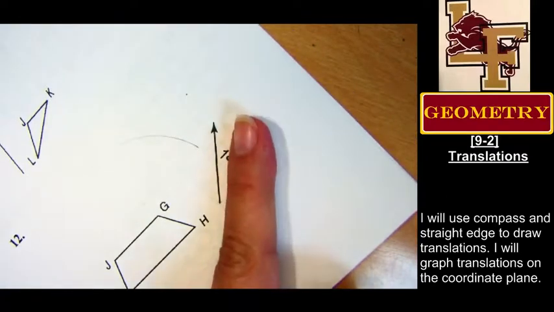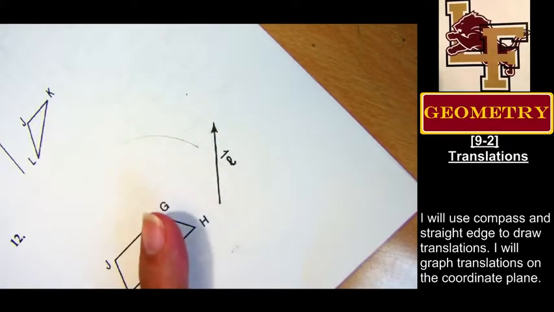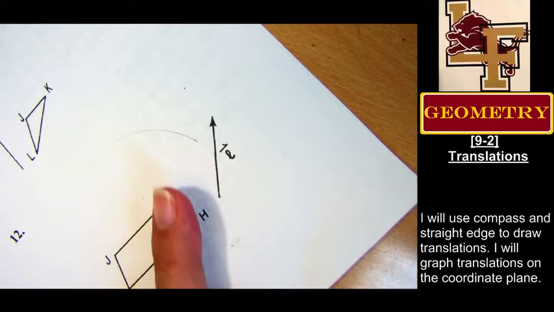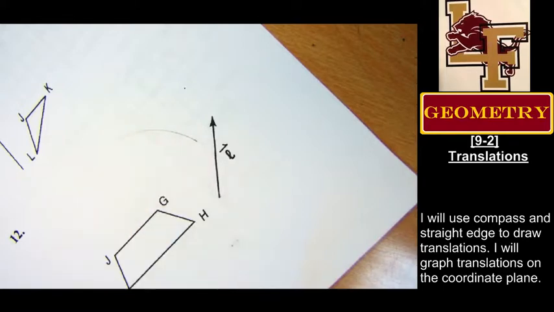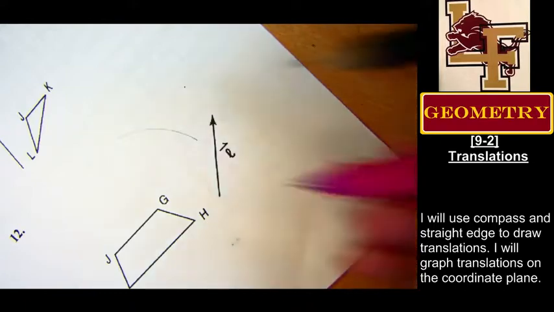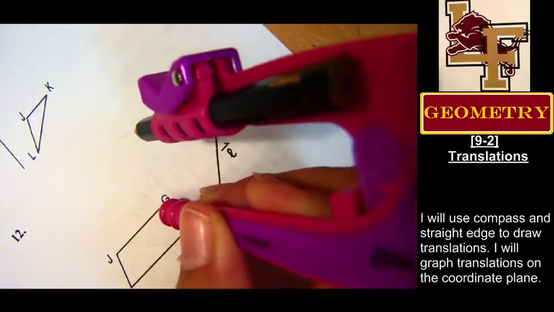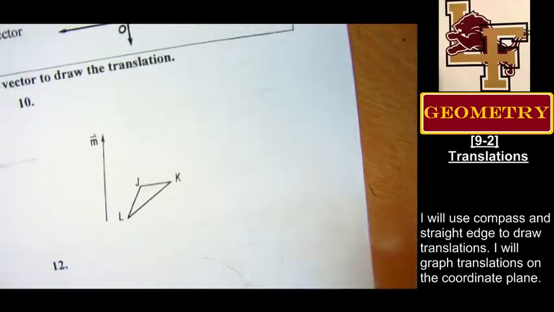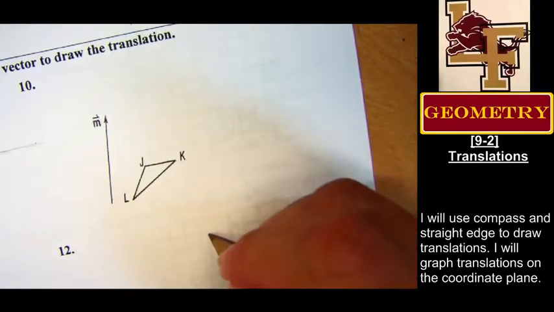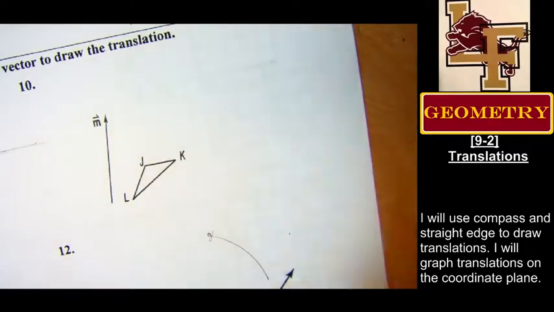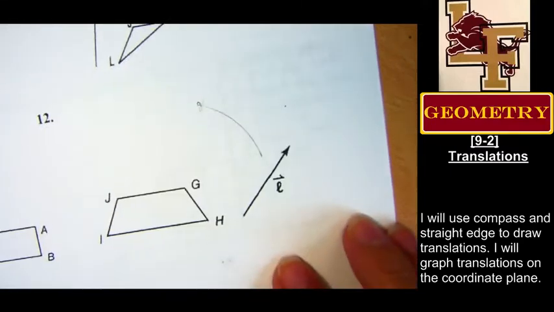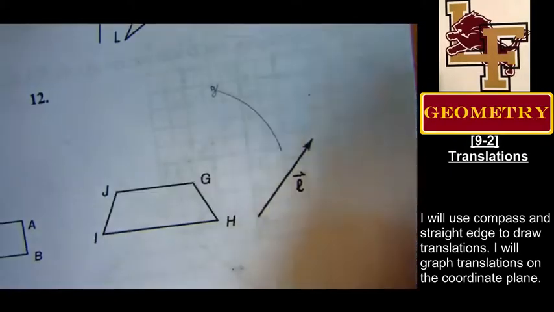The vector is pointing this way, so somewhere in this direction from that point, you'll want to draw your new arc. Okay? From where? I'm doing G first. Yeah, so I'm moving G. And so that I know I'm moving G, I'm going to label this little arc as G. Okay, just to tell myself I'm working with G.